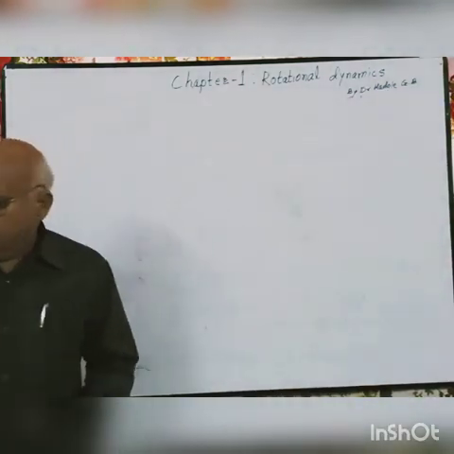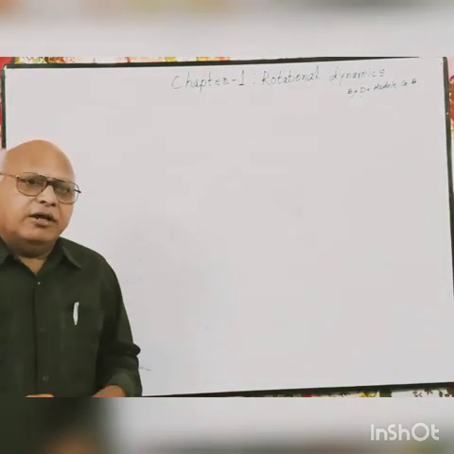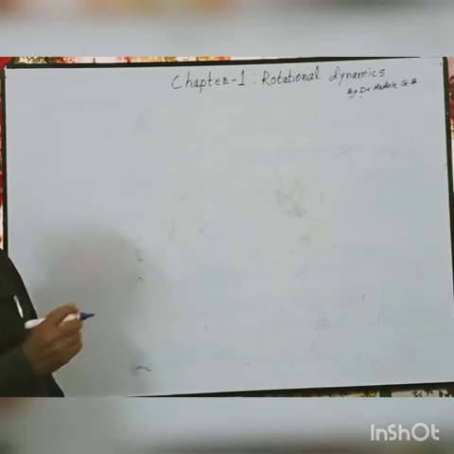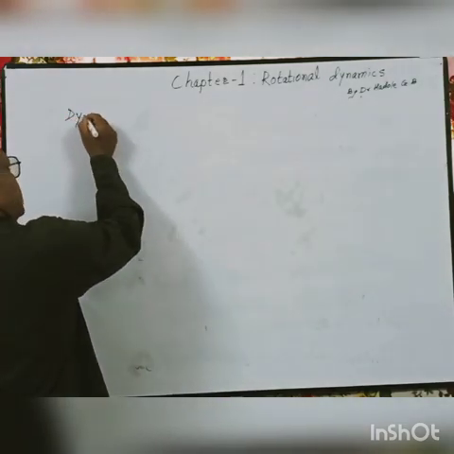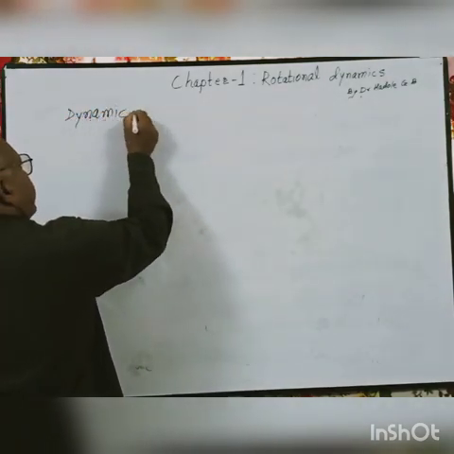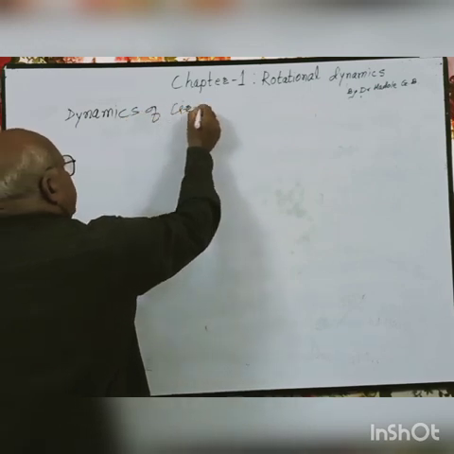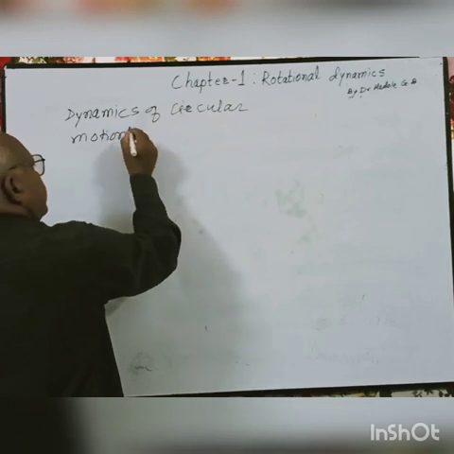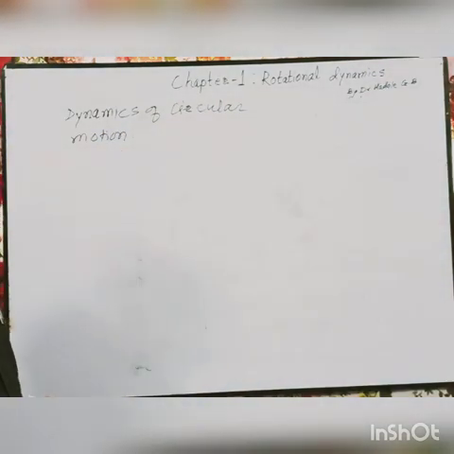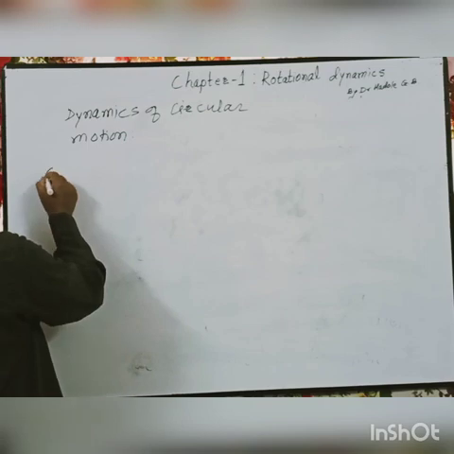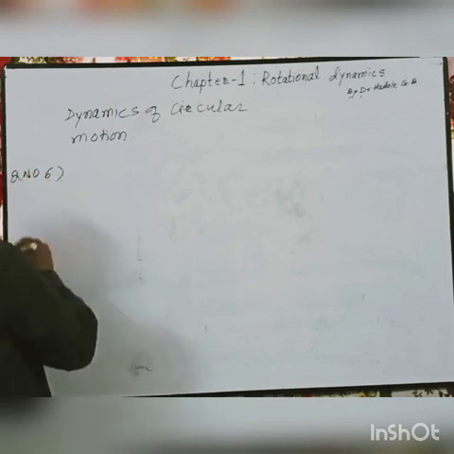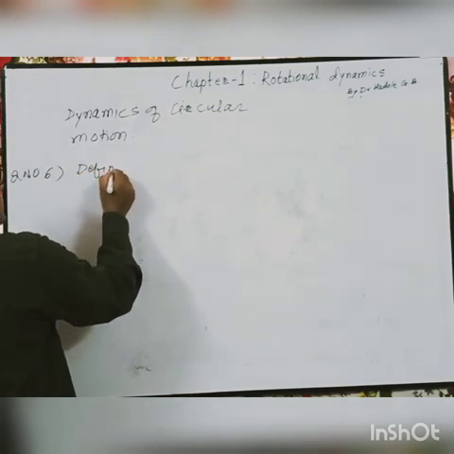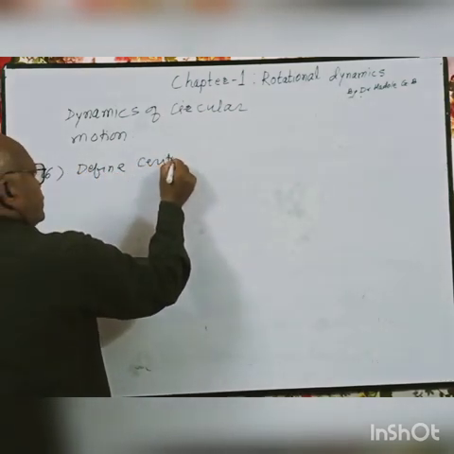Now hereafter I'll give the question first and then I'll answer it. So on dynamics of circular motion, the article is dynamics of circular motion. In this, the first question, that is question number 6, will be: define centripetal force.